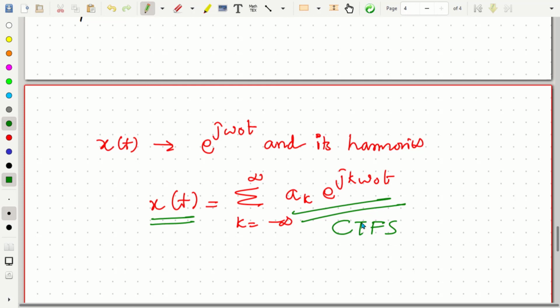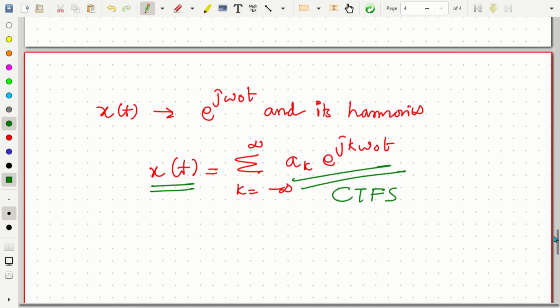If you expand this, you get a1 e power j omega 0 t plus a2 e power j2 omega 0 t plus a3 e power j3 omega 0 t, and so on. This infinite series on the right side of the equation is known as the CTFS of the periodic signal x of t, and this is our actual signal.